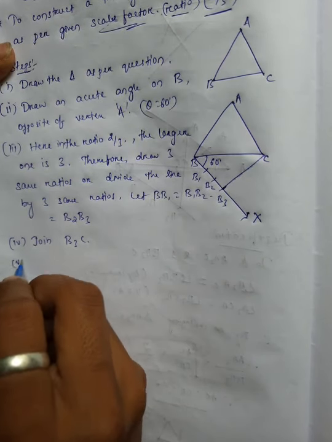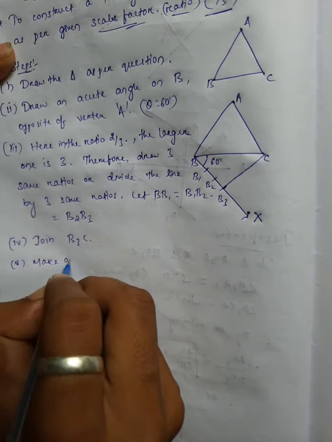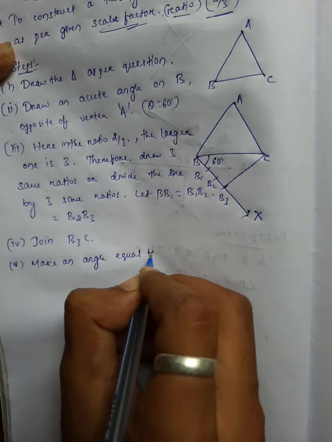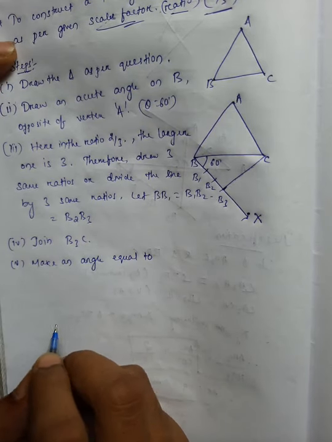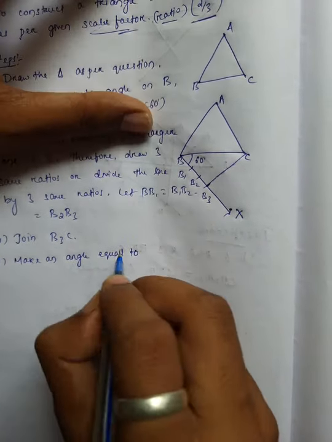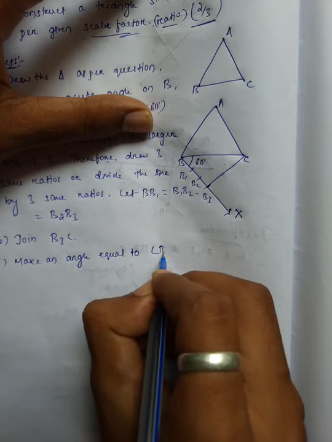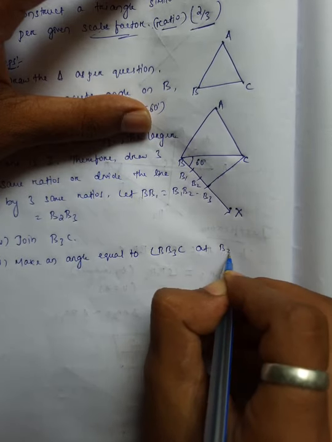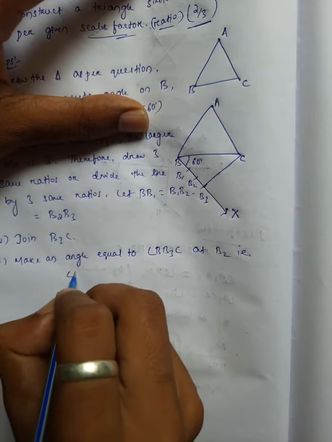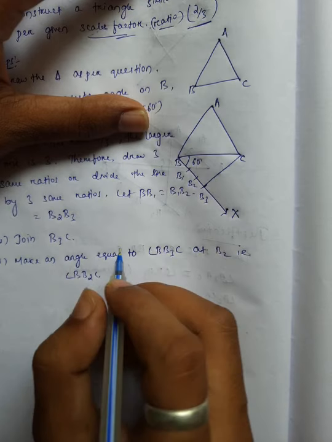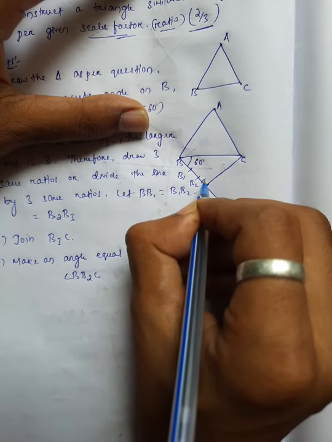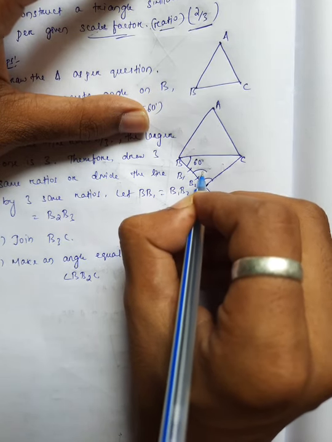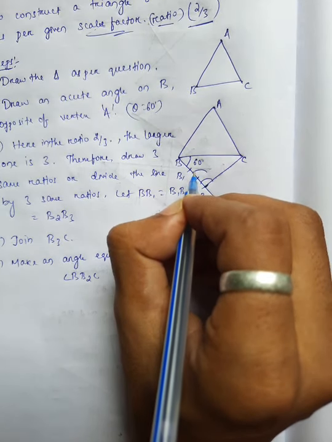Next step, make an angle equal to angle B3C at B2, that is angle B2C. By constructing the arc, I have made this video on the side ratio, the first part.